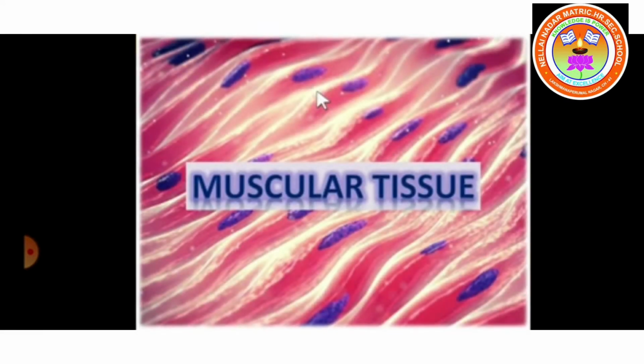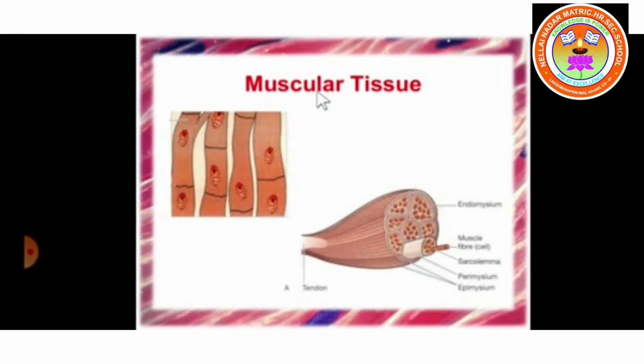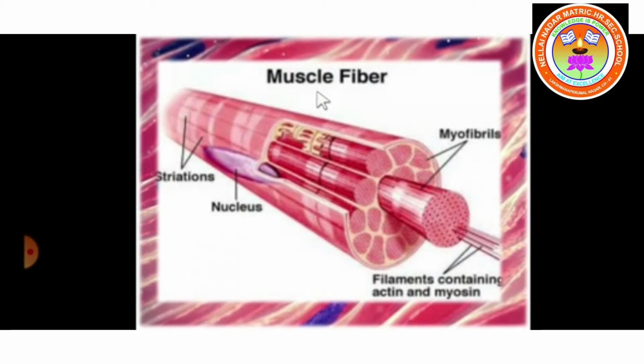Let us start with muscular tissue. Muscular tissues are made up of muscle cells and form the major part of contractile tissue. They are composed of numerous myofibrils. Here you can see numerous myofibrils are present.